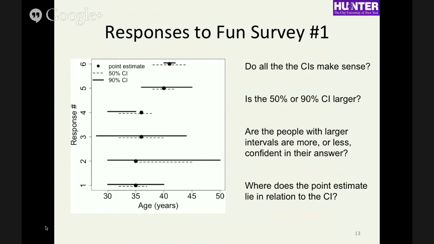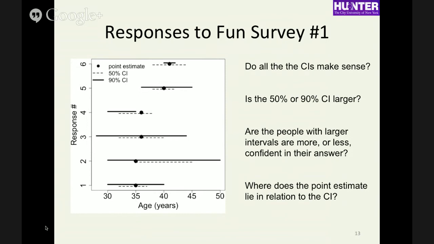But that's not what the confidence interval means. What you're actually talking about in that case is the amount of information that you have. If you have more information for the same level of confidence, you can give a smaller range. If you have less information, you have to give a larger range for the same level of confidence.